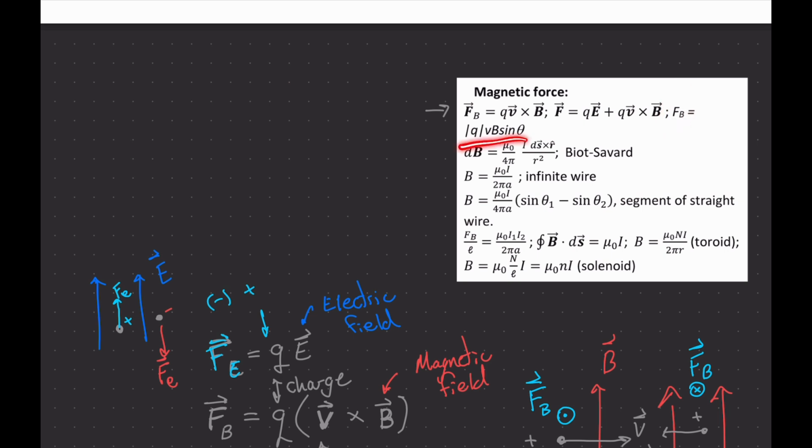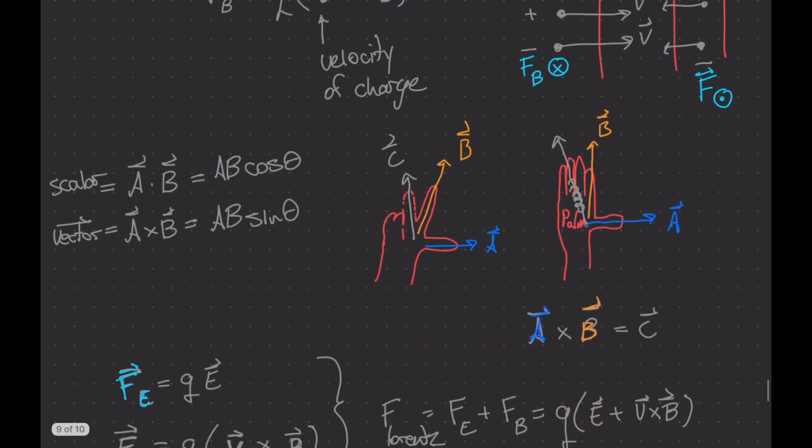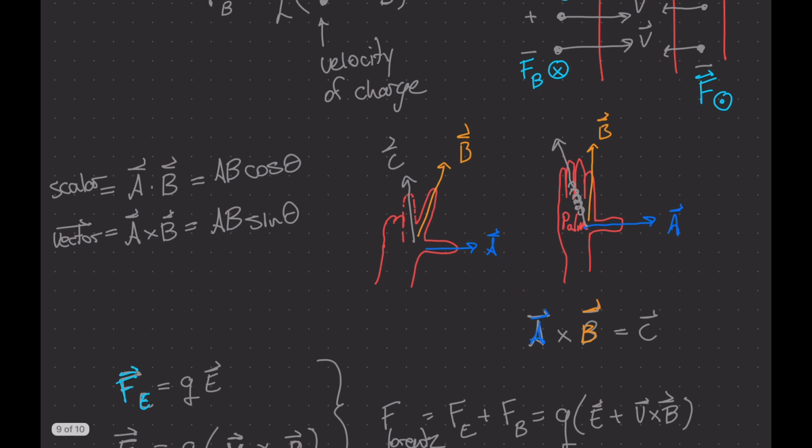And what it equals is magnitude Q, the magnitude of the charge, V, which is the velocity here, again not bolded, no vector thing because it's just a magnitude, B, the magnetic field, again just a magnitude, and sine theta, the angle between V and B. If you remember, I showed you how to expand this. This gives you the magnitude of this vector here, because this is just a magnitude.